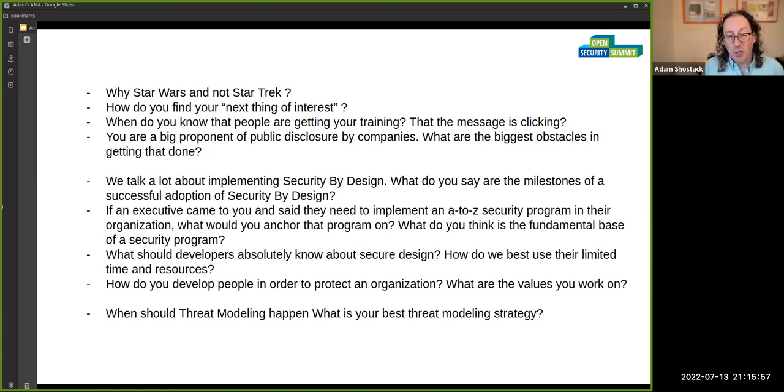I have a white paper entitled Fast, Cheap, and Good, which advocates for these incredibly lightweight approaches to threat modeling, such as saying, what's your worst nightmare? What keeps you up at night? This gets results really, really quickly.